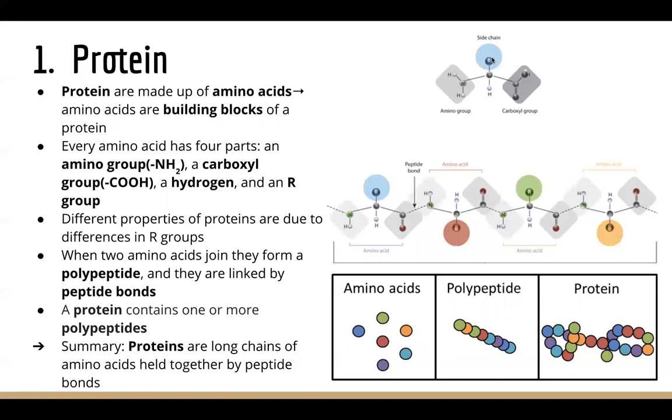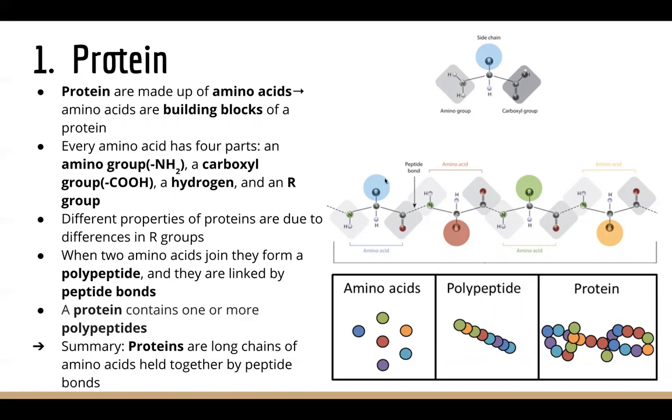Differences in R groups cause differences in the functions of a protein. When we connect two amino acids together, they form something called a polypeptide. And these polypeptides are polymers.